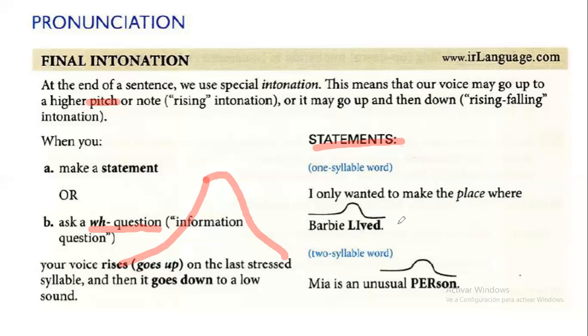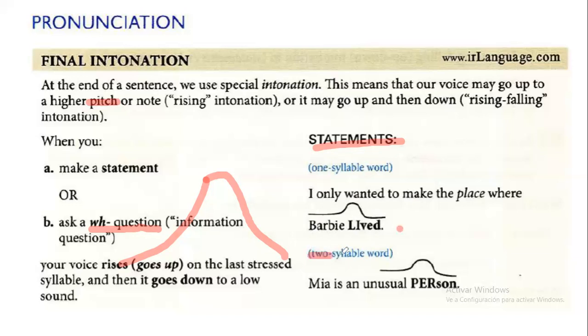So in a faster speaking rate it would be like, I only wanted to make the place where Barbie lived. If you notice, we have the stress in "lived." Barbie is stressed because every word has a stressed syllable. Barbie lived. Even the "it" has a double pronunciation, as in "id," right?